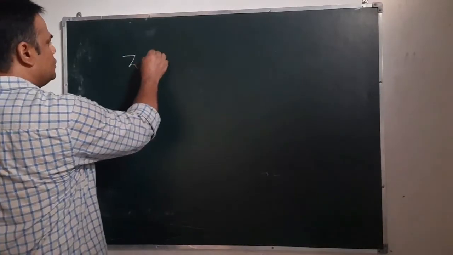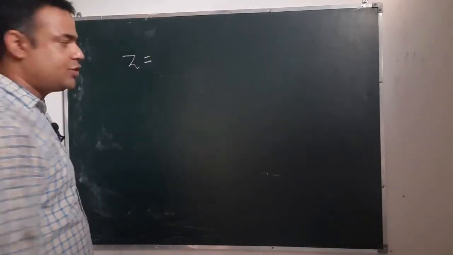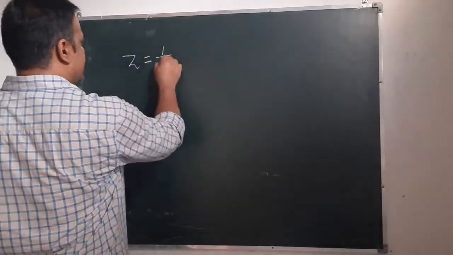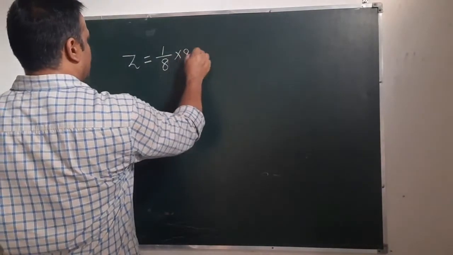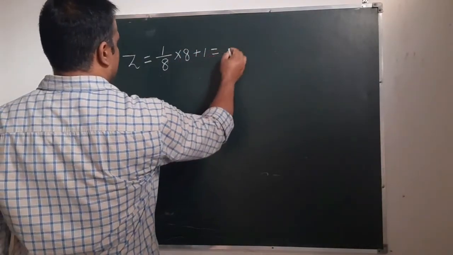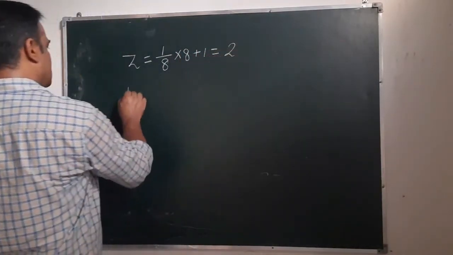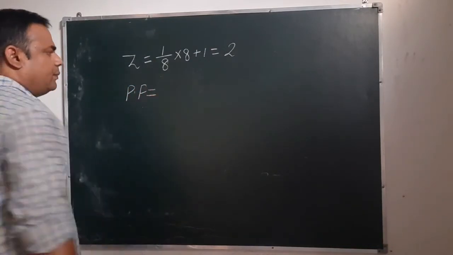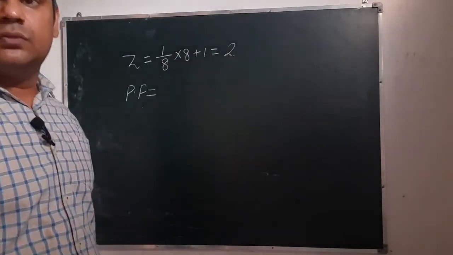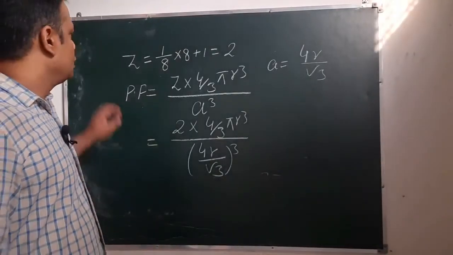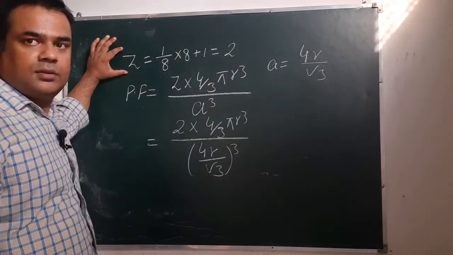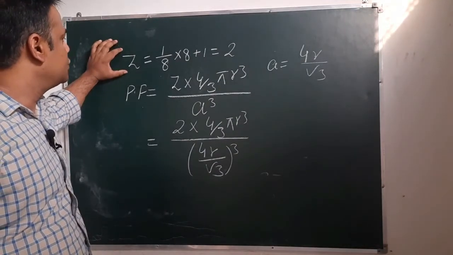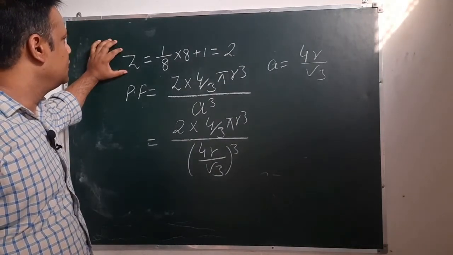So for packing efficiency in BCC, Z will be equal to the contribution from each corner, that is 1 by 8 into 8, plus 1, which equals 2. If we talk about the packing fraction, Z is the contribution of atoms per unit cell.